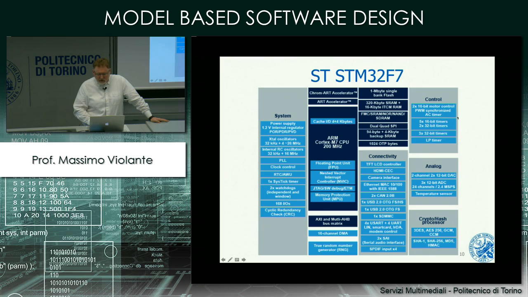We have specific IOs intended for control, like PWM and timers. We have analog interfaces like DAC, ADC, temperature sensor. We could have specific features for some specific tasks like encryption. And then we have devices that are intended for keeping the system up and running. So with this single device, you can build your ECU.